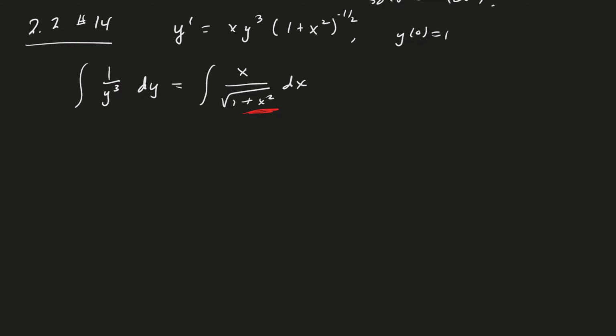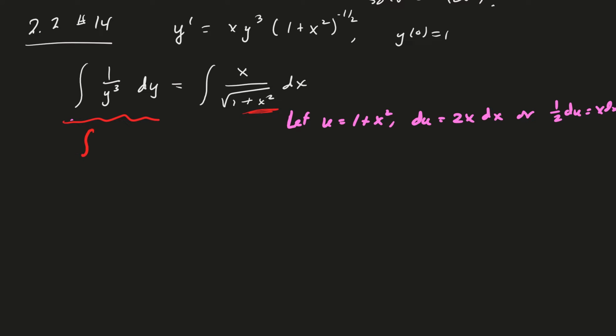right-hand side? We'll let u be equal to 1 plus x squared. So then du is 2x dx, or 1/2 du equals x dx. Remember those? Okay, so then when you integrate this side, the other side is a little bit easier.